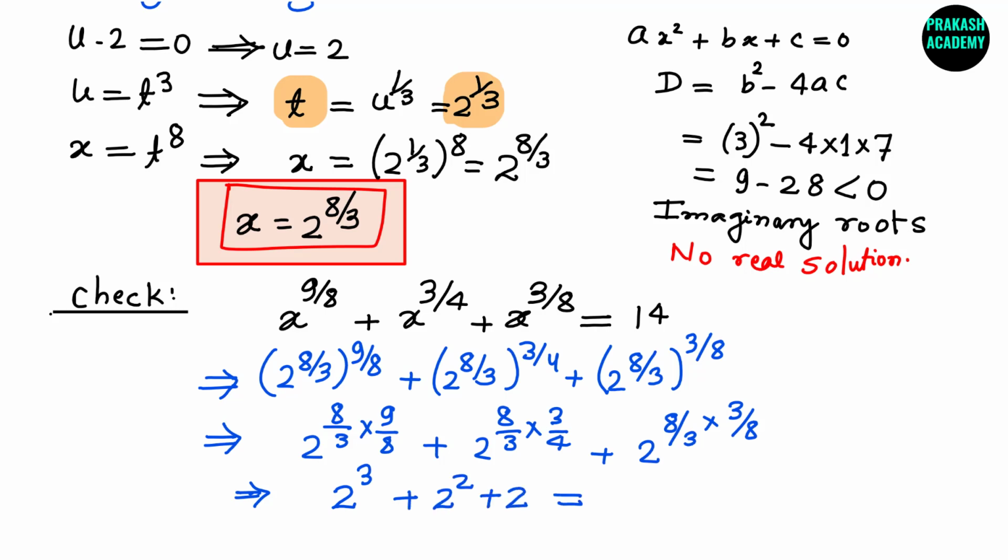So this is basically 8 plus 4 plus 2, which equals 14. That is your right hand side. So this satisfies the original equation, so 2 raised to the power 8/3 is a root of this equation.